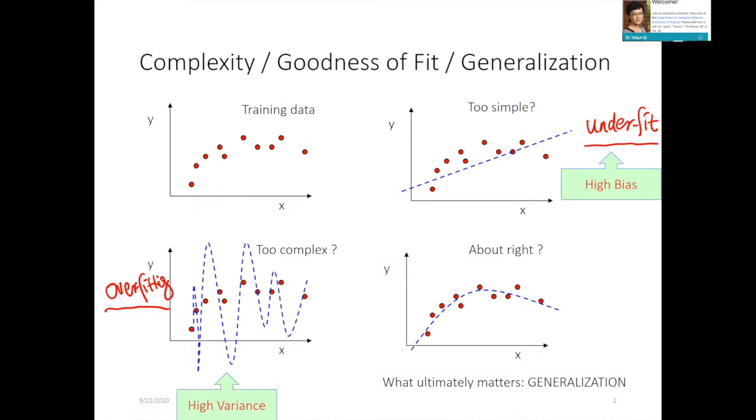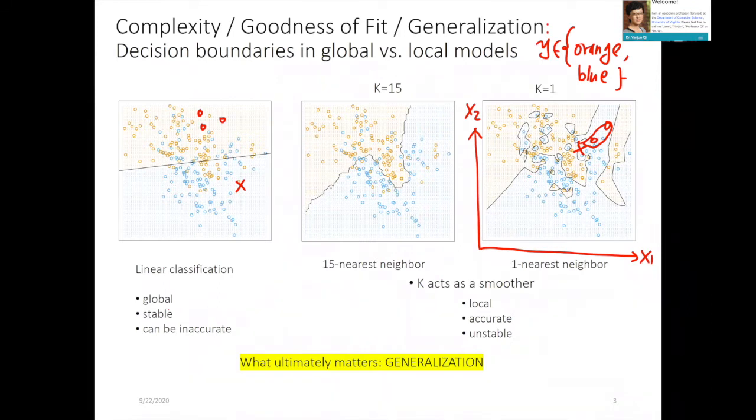The previous page showed overfitting and underfitting for the regression case, and similar phenomena also occur in the classification case. We only covered two kinds of classification. One kind, in the first lecture, was linear classification, where you just have a line separating two classes.